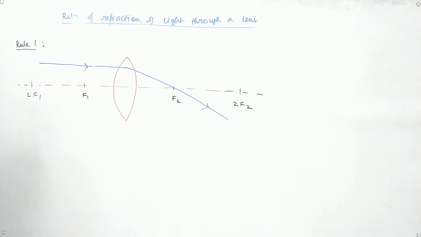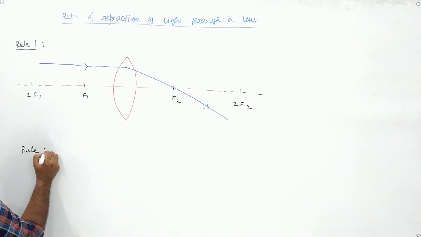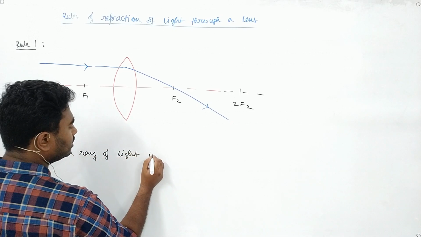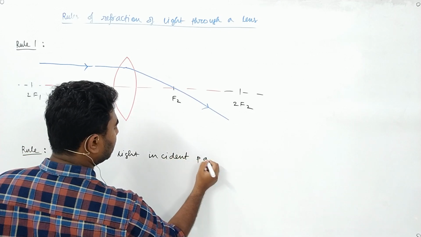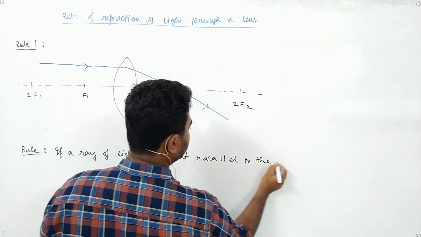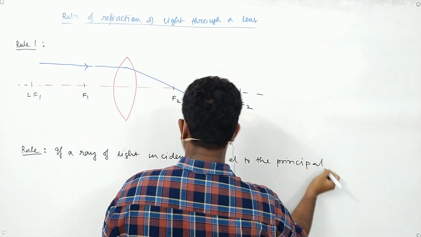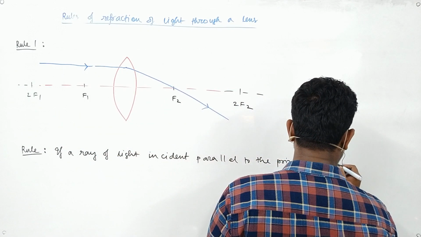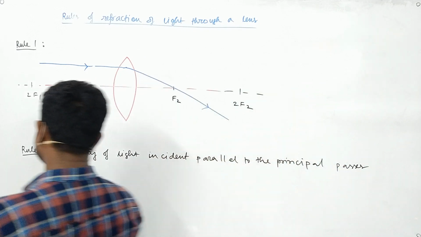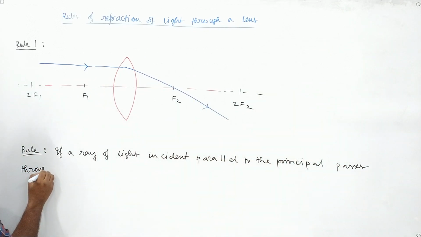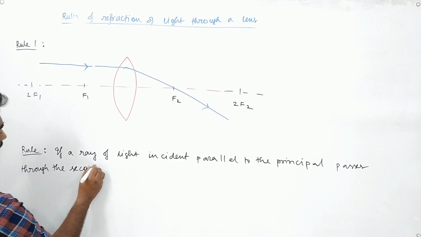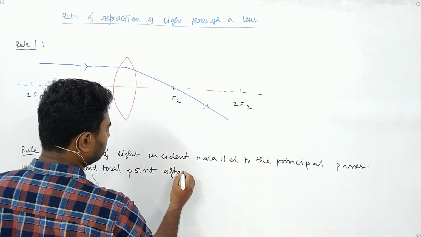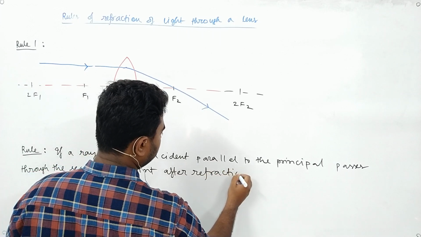Okay, so write down the rule. This rule says if a ray of light incident parallel to the principal axis passes through the second focal point after refraction.